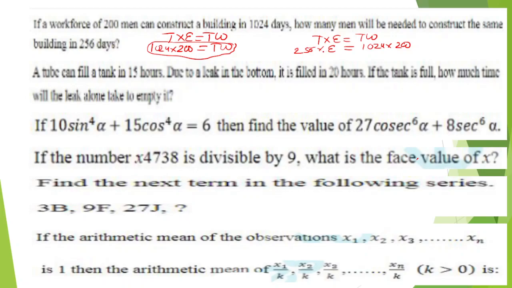How to find efficiency? 1024 into 200 divided by 256. Again we solve it: 16 into 6 is 96, 16 into 4 is 64.